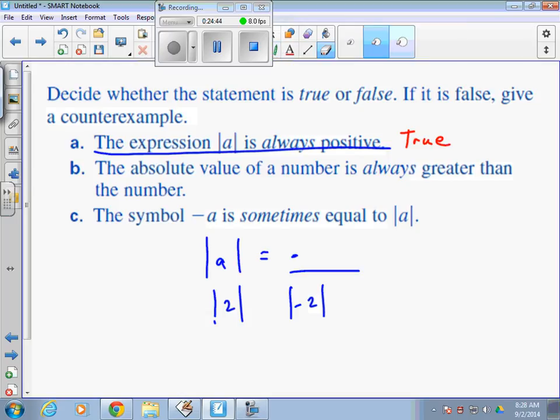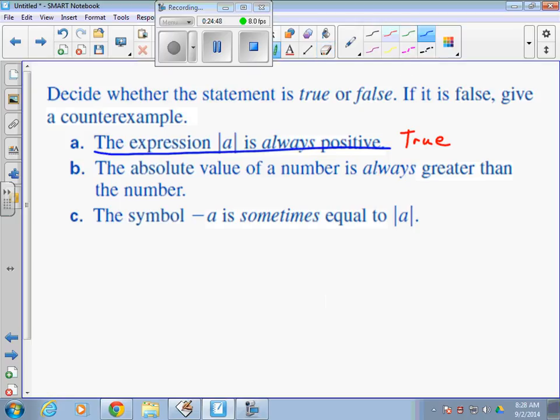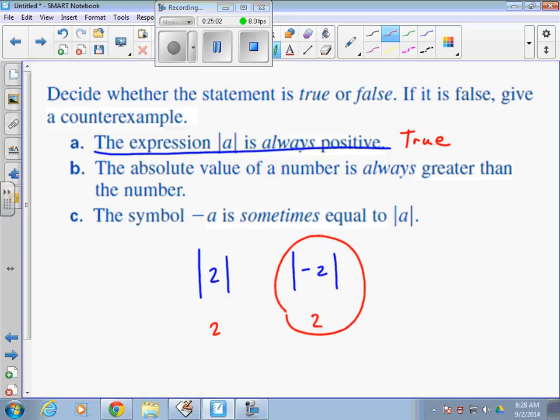B says the absolute value of a number is always greater than the number itself. The absolute value of 2 versus the absolute value of negative 2, just showing two examples. The absolute value of 2 is going to be 2. The absolute value of negative 2 is 2. In this case right here, the absolute value of it, 2, is greater than negative 2.